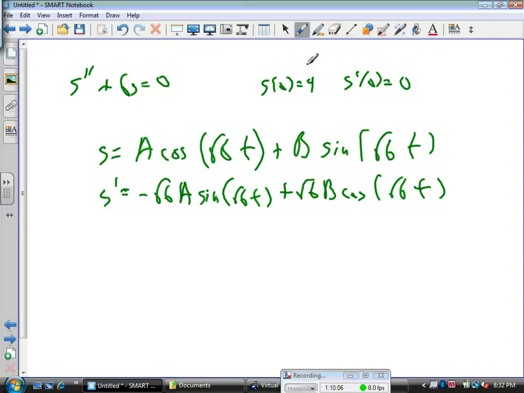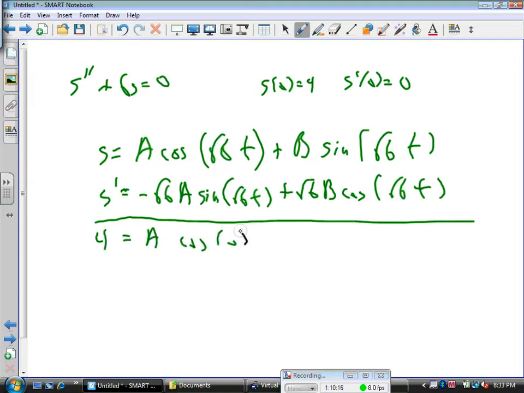All right, let's plug in stuff. S is 4 when T is 0, so we get 4 equals A cos 0 plus B sine 0.